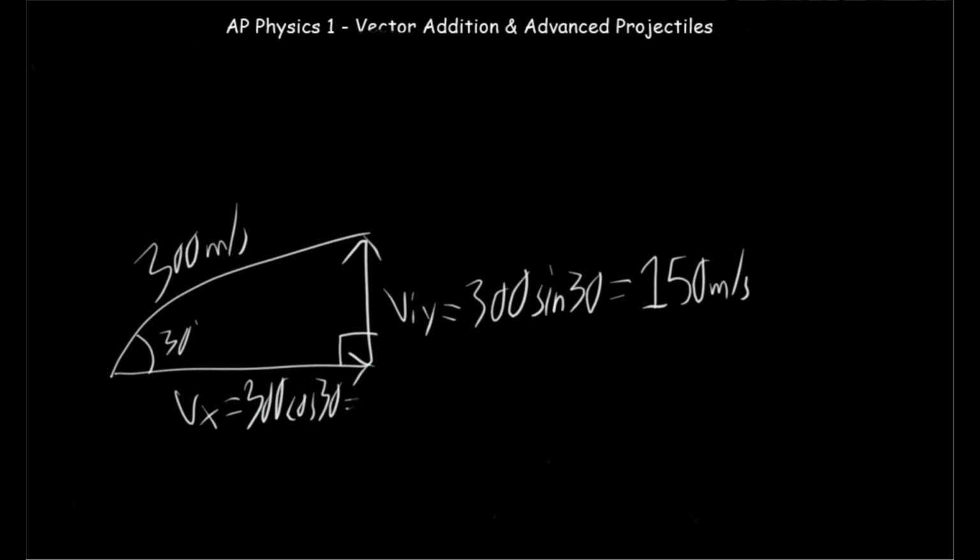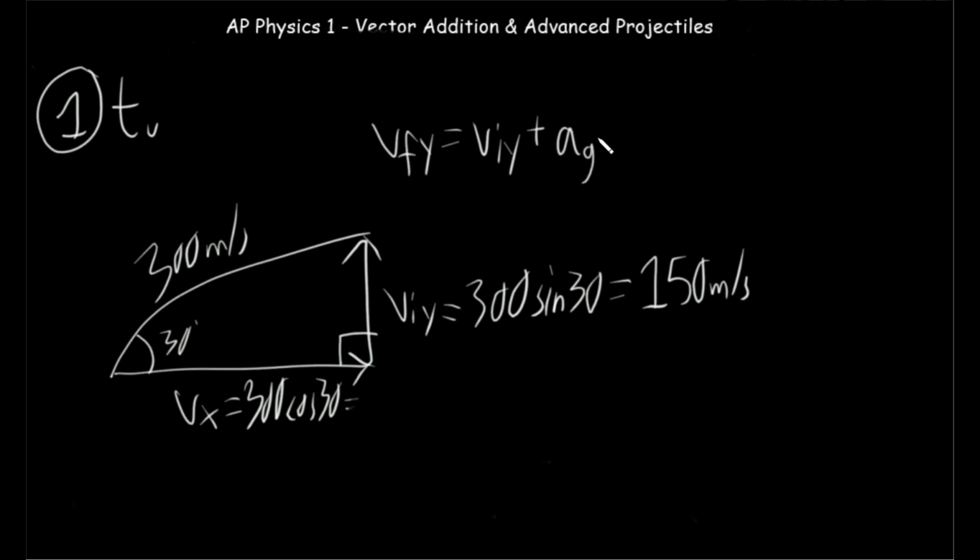And just like how you normally do it, your first step is to solve for TU, the time that it was up. And you would end up with the equation of this. This is the happy face equation because it's the easiest equation.